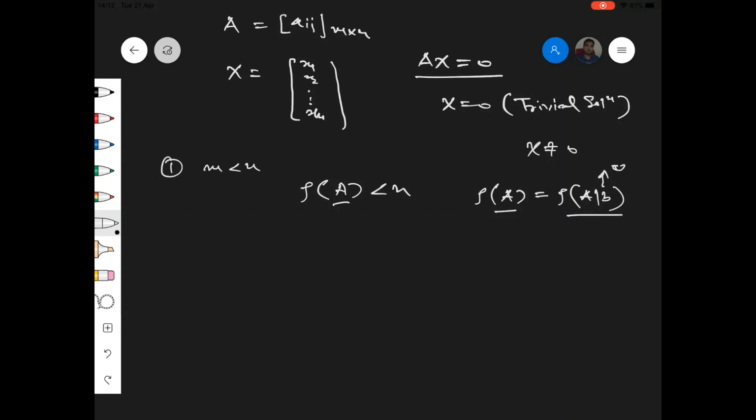This is the case where, in a non-homogeneous system of linear equations, we had multiple solutions. So in this case again we will have multiple solutions. x equals 0 is one of the solutions which is always here, and apart from x equals 0 we'll get non-zero x which will also satisfy Ax equals 0. So this is the case where we'll have a non-trivial solution.